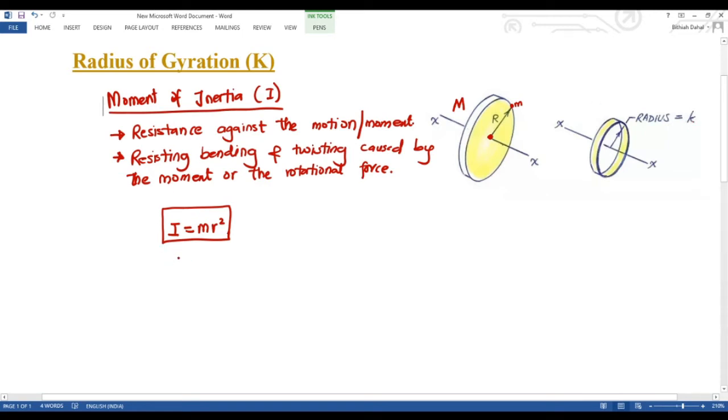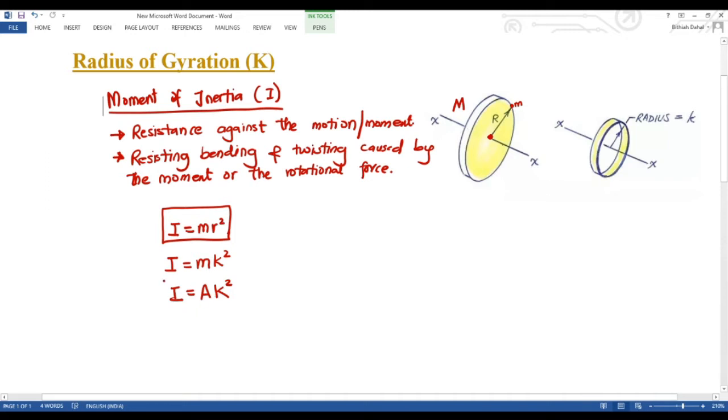Now if I substitute r with k, I'll have I equals m k squared. Now for this mass m, I can substitute the area, since this mass will have a certain area, so I equals a k squared.